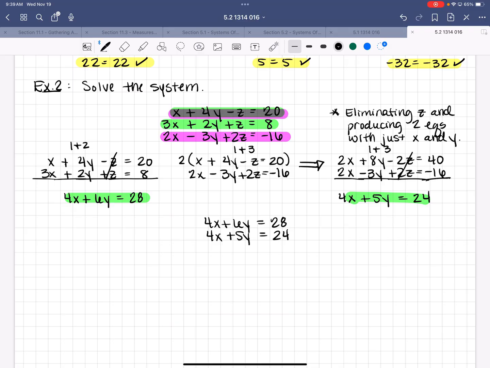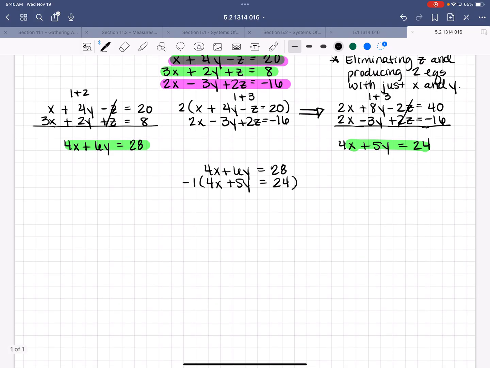I personally am going to multiply the second one times the -1 because that 5 is smaller than a 6 and that 24 is smaller than 28. So when I add them together, I get positive numbers. I try to make myself look better, guys. And if I can get positive numbers, I look better in the end, okay?